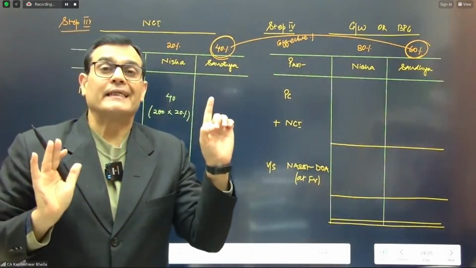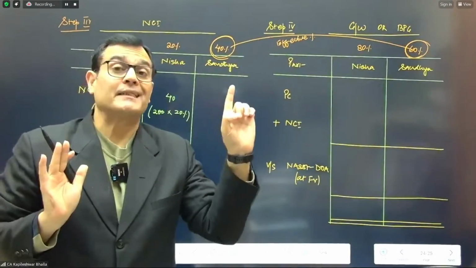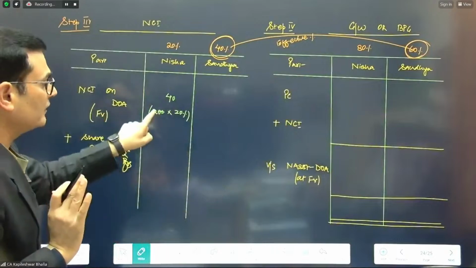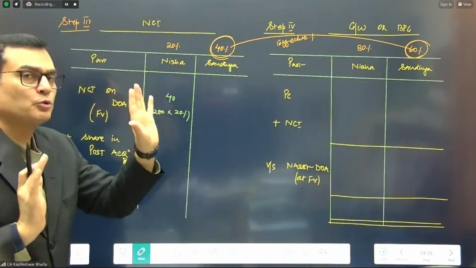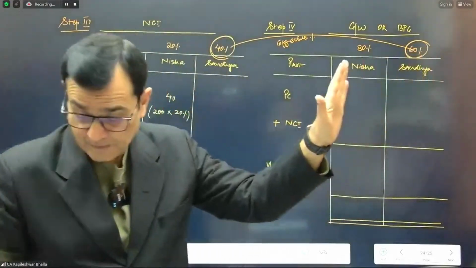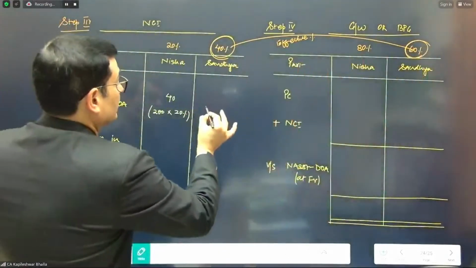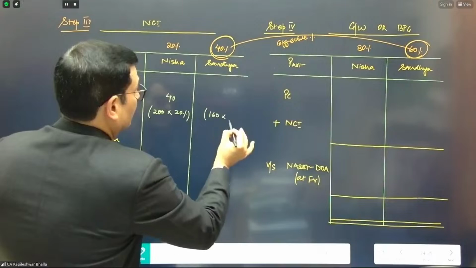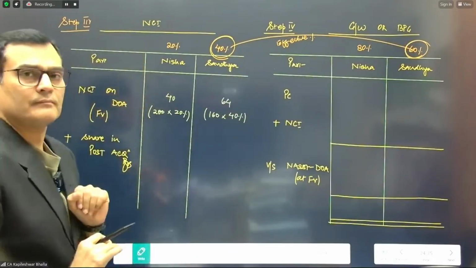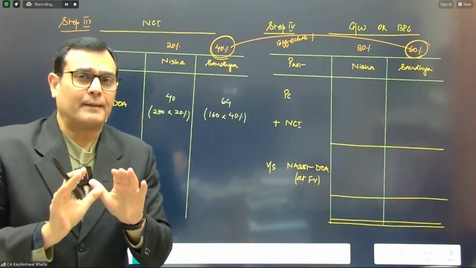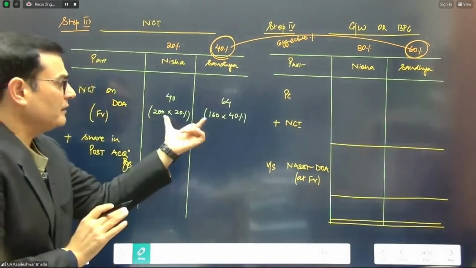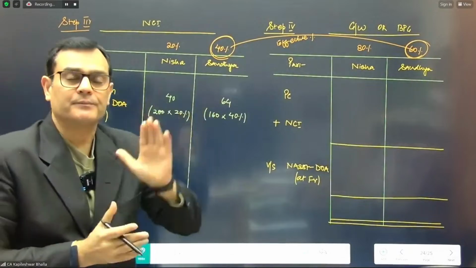Because we are considering NCI at a fair value, and it says consider the market price and the face value to be equal. So I've taken the face value of the shares into 20%, that is NCI at a market price. Similarly, for Sandhya, the share capital is 160, and you consider 40%, that comes to 64. So we've just taken the share capital at a face value, which is as good as market price, and we've taken the NCI percentages in that.